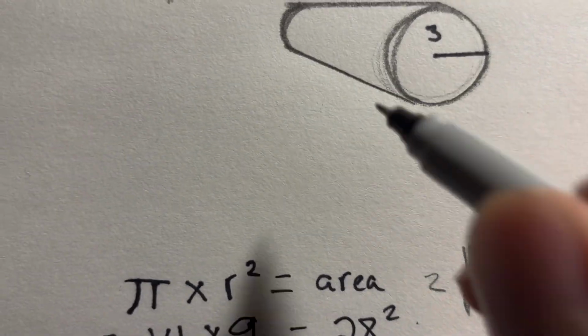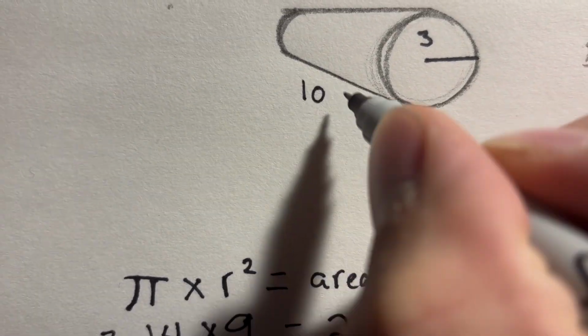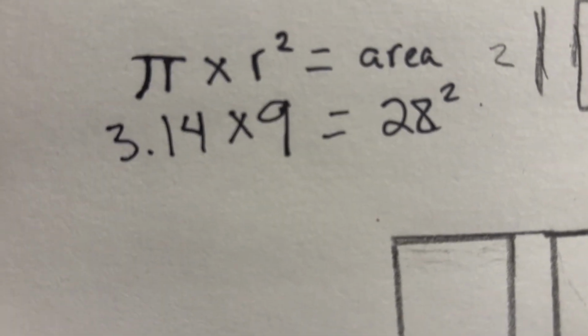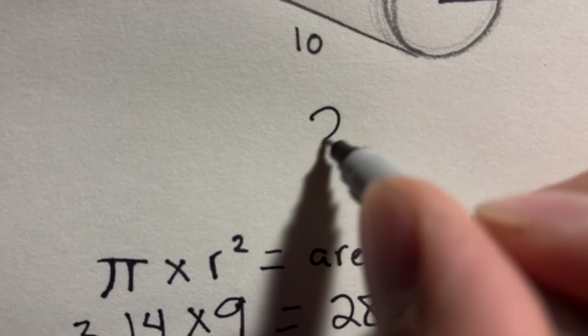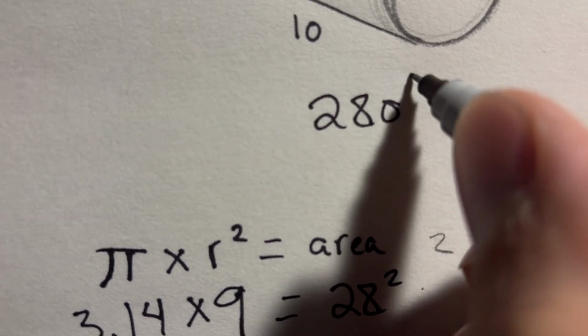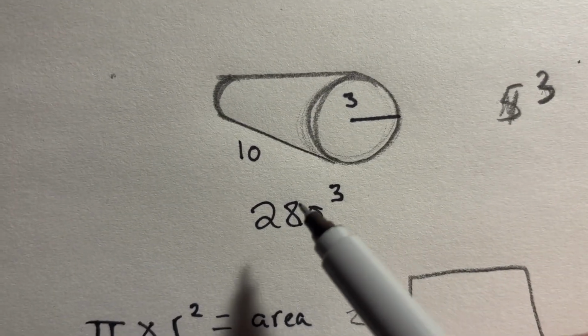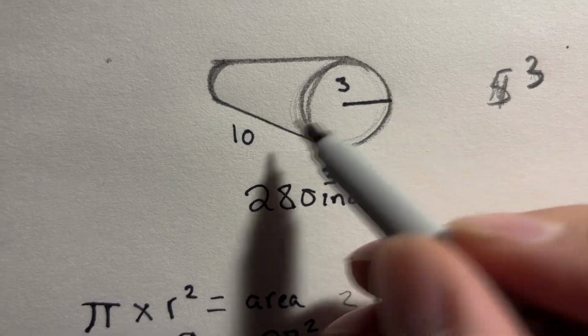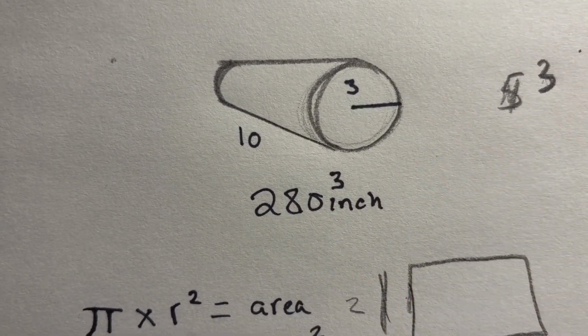So let's just say this is 10 inches, right? Let's take 28, multiply it by 10, which is 280 cubed. So that is the volume. I'll just say these were inches cubed.